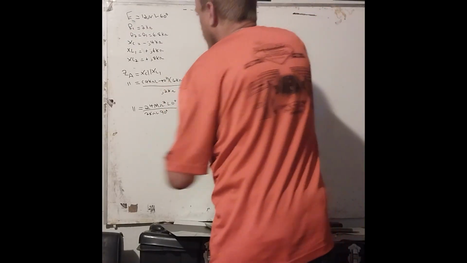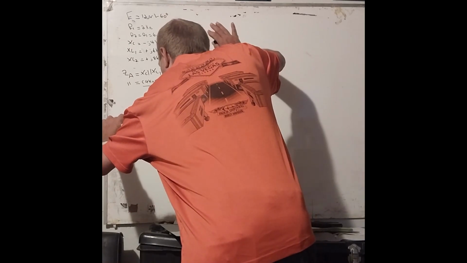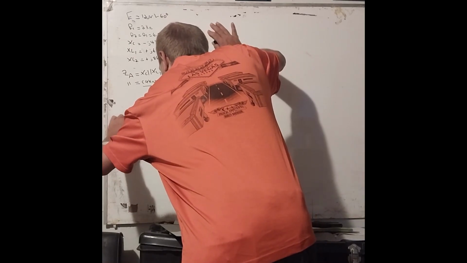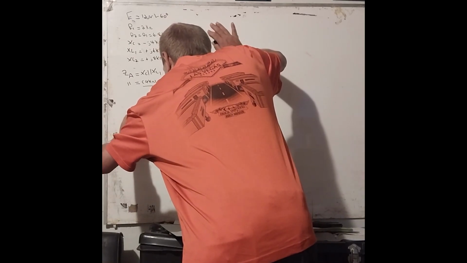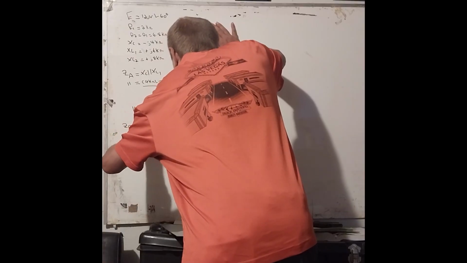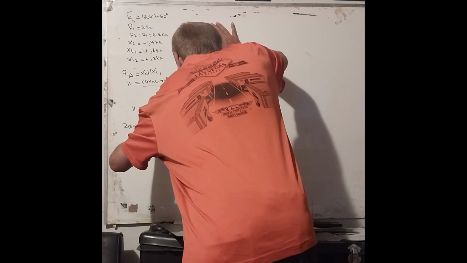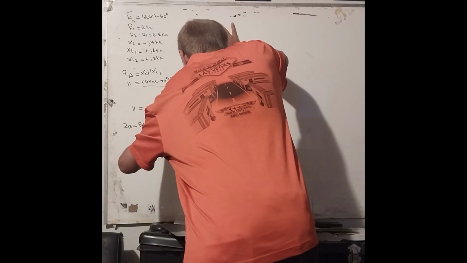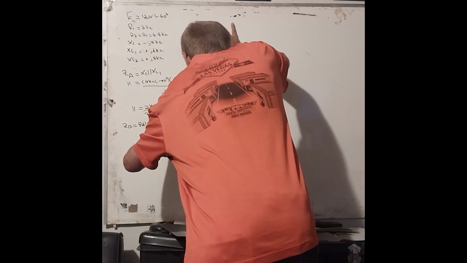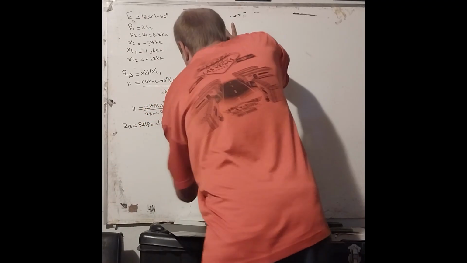Now, I'll show it here, but our Z sub B is equal to R2 parallel with R3, which is equal to 6.8k ohms at an angle of 0 degrees times 6.8k ohms at an angle of 0 degrees.